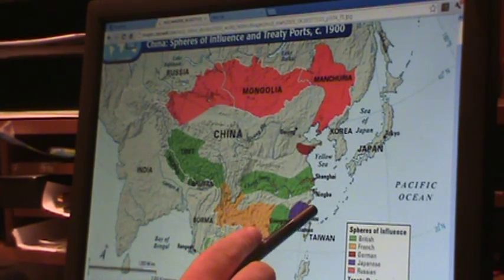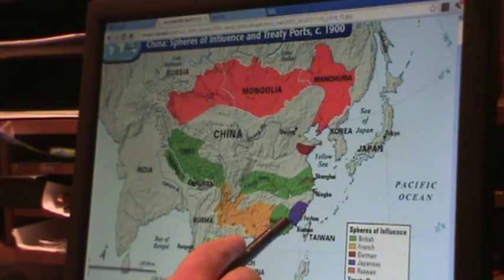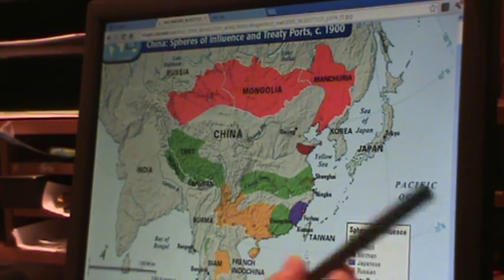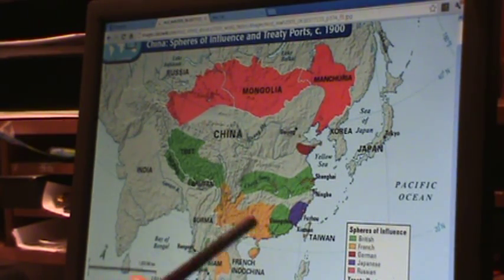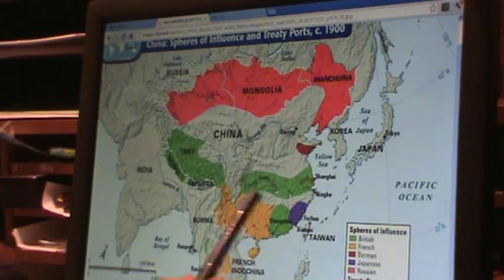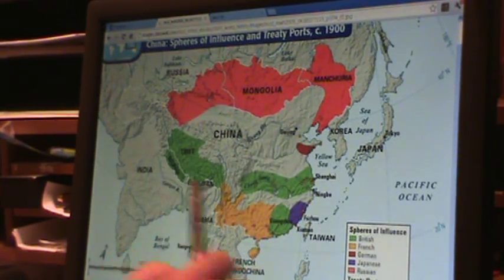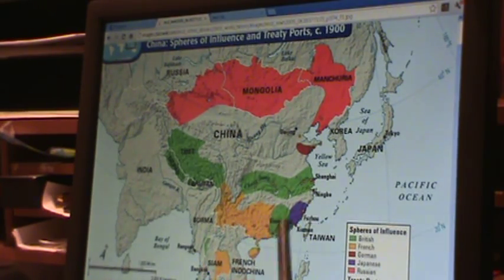The purple is the Japanese. They have a sphere of influence. You can see that not all imperialists were white Europeans. The Japanese were getting quite good at it themselves. The green was Great Britain, which had several different spheres of influence, and the yellow were the French.